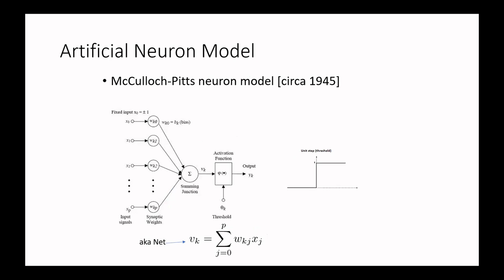You assume that there are a number of input signals to the model. In this case, the signals are X1 to XP, so there are P signals. Then there is a bias term coming from X0, which is always 1. So the neuron is operating at a certain power level. You can say the bias term is a kind of battery that you provide to the neuron.